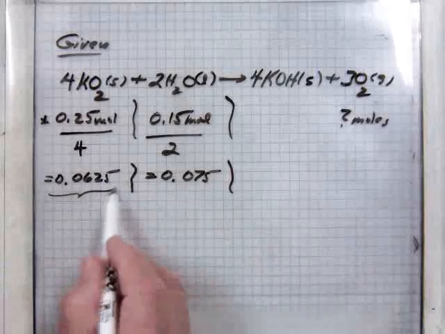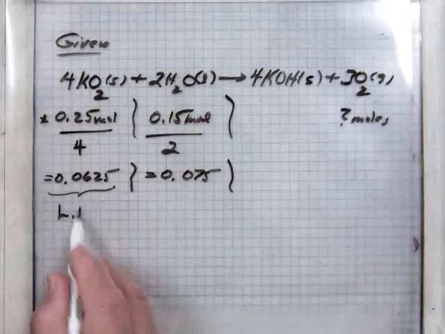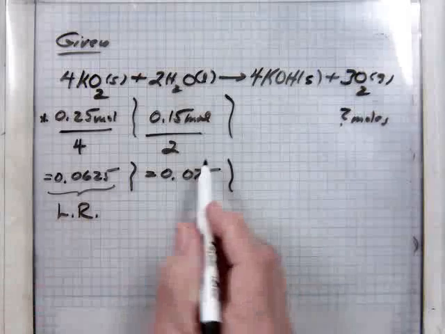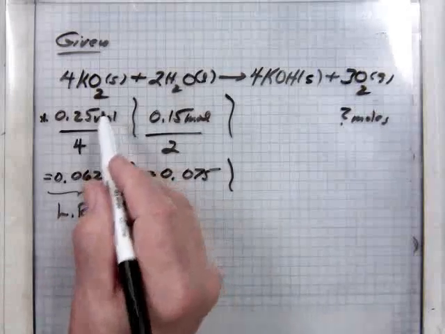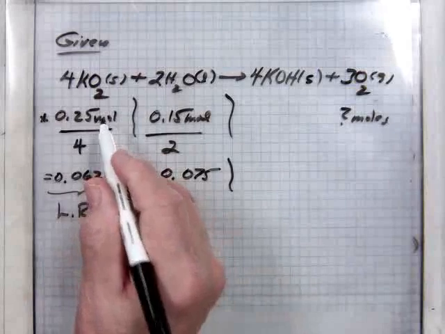Since this is the smaller of the two numbers, that's the limiting reactant. So you come back up here and work the problem based on 0.25 mole.